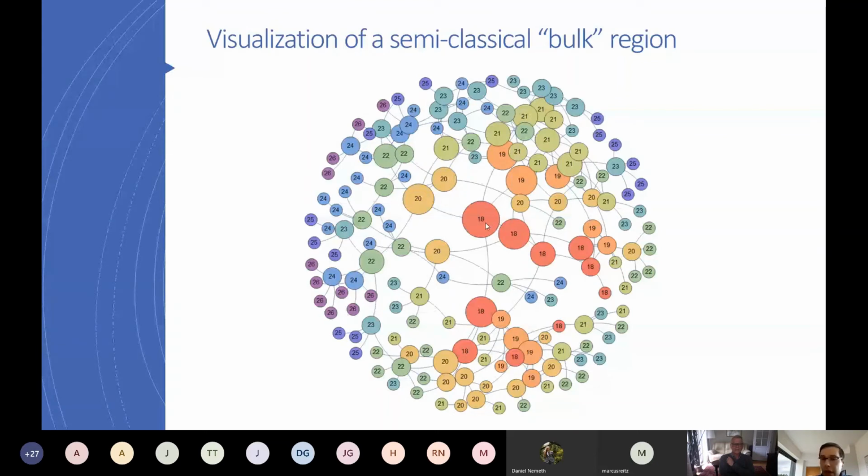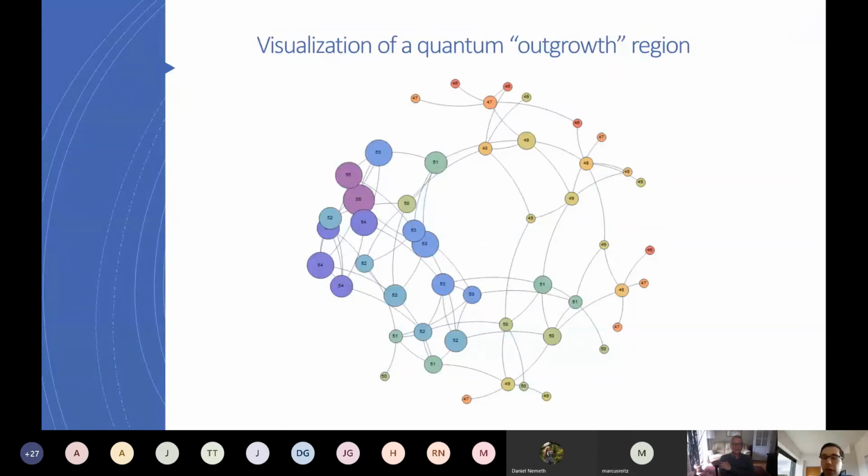Each simplex of the triangulation is represented as a vertex of this graph, and the interfaces between simplices are the connections between vertices. Here we see that this graph in the semi-classical region is pretty irregular. It's almost tree-like. Now let's compare it with a graph in the outgrowth region.